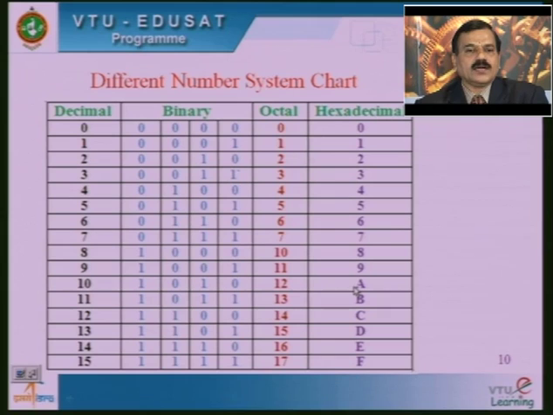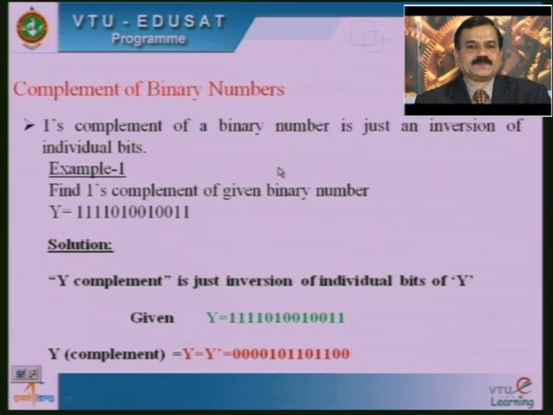So from 10 onwards up to 15 it is coded in hexadecimal as A, B, C. 10 is equal to A, 11 is equal to B, C is 12 in decimal, 13 in decimal is D, 14 in decimal is E, and lastly the value 15 in decimal is written as F in hexadecimal. So this complete chart gives us a complete idea about the discussed number systems.